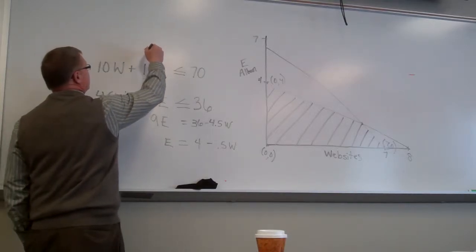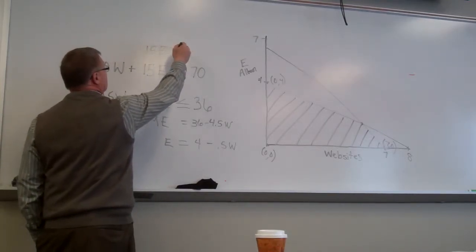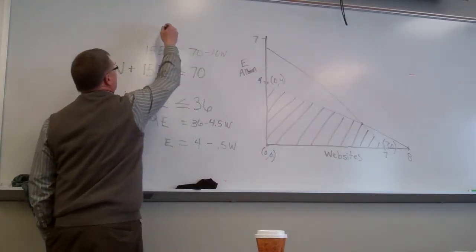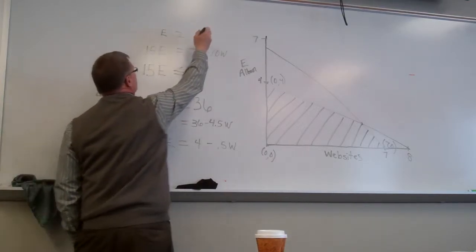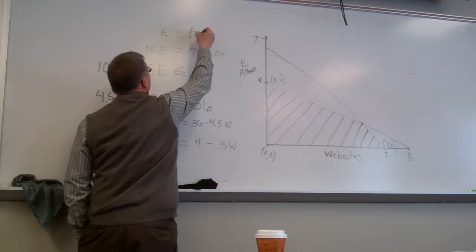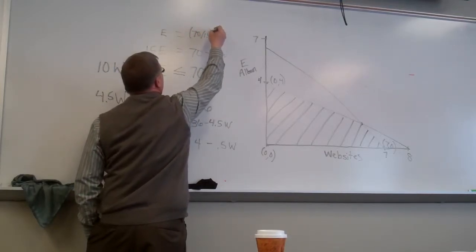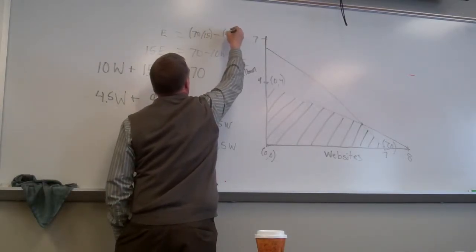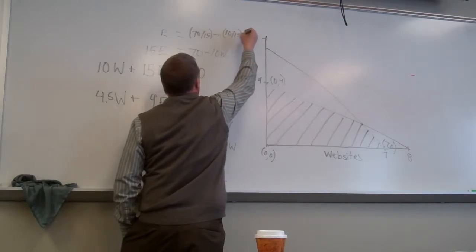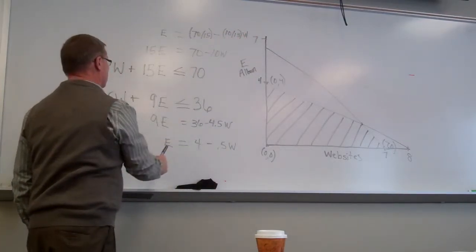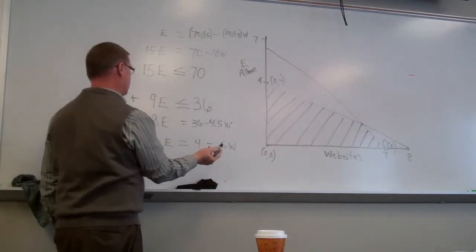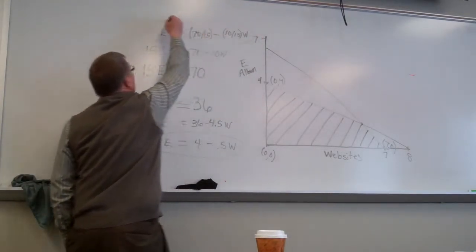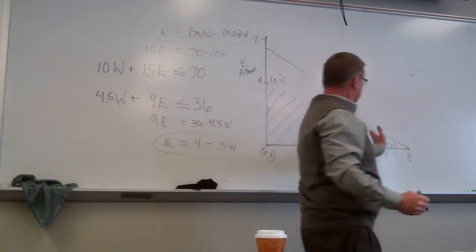And this one is 15 E equals 70 minus 10 W, or E equals 70 over 15 minus 10/15 W. So if you make your E a Y and your W an X and graph these two, I am predicting you'll get two lines like these.